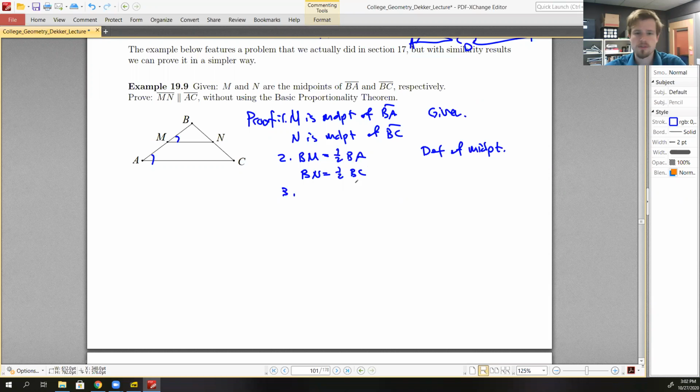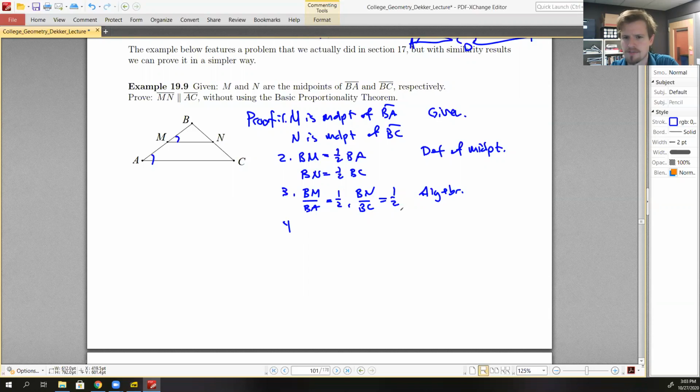Once we have that, we can do some algebra to show that BM over BA is equal to 1/2, and that BN over BC is also equal to 1/2. Once we have that, they're both equal to 1/2.